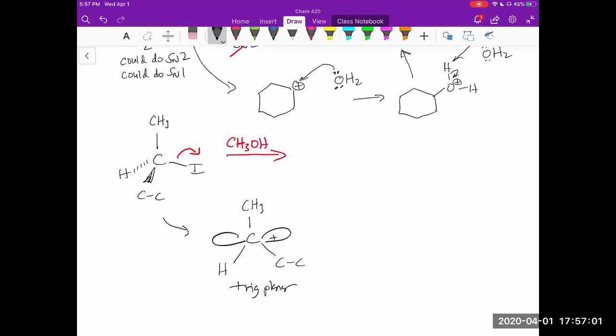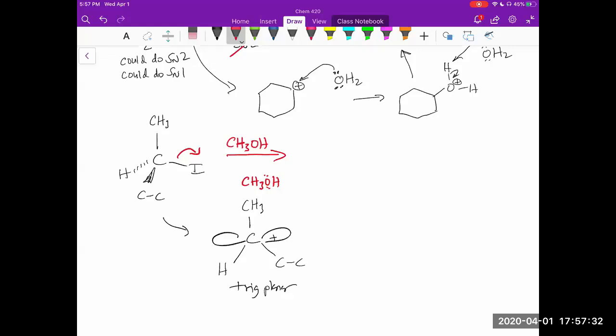Now here's the interesting thing about the stereochemistry of an SN1. When my nucleophile attacks, and I'm going to draw the nucleophile up here in the middle, it sees a trigonal planar molecule, and it's going to attack the carbon, but the top side of the carbon and the bottom side of the carbon are exactly the same.